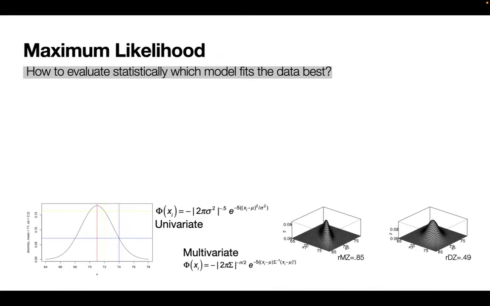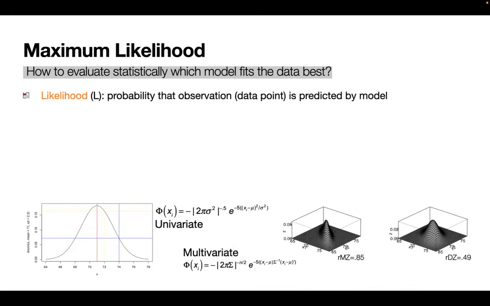So before we describe how we do this or how we translate the saturated model into OpenMX, let's have a quick introduction to maximum likelihood, or how we evaluate statistically which model fits the data best. The graphs below indicate both the univariate and the multivariate probability distributions, which allow us to evaluate the probability that an observation is predicted by the model.